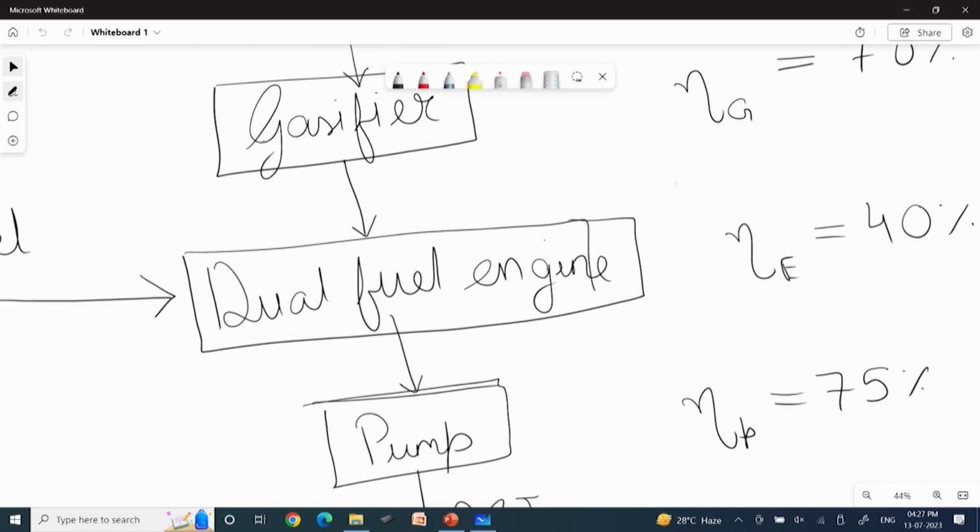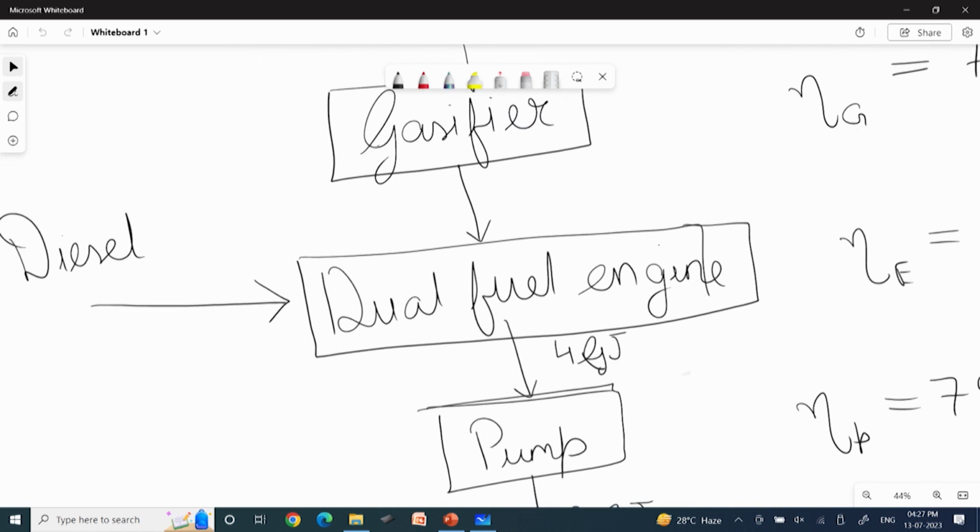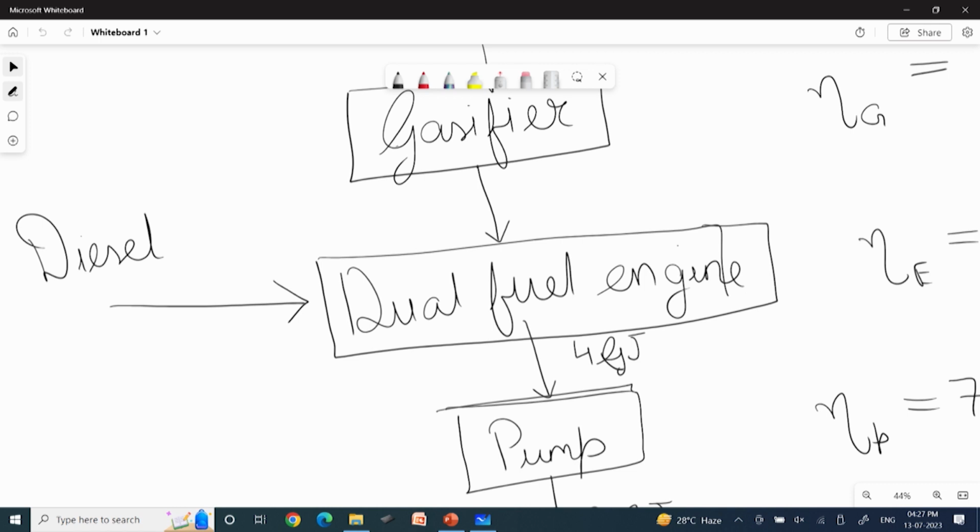So, if I go with the energy requirement, we have 3 gigajoules end requirement. Given the efficiency of the pump, we would require almost 4 gigajoules of energy produced by the dual fuel engine, and in this dual fuel engine almost 75% of the energy would be coming from the gasifier and another 25% from diesel.